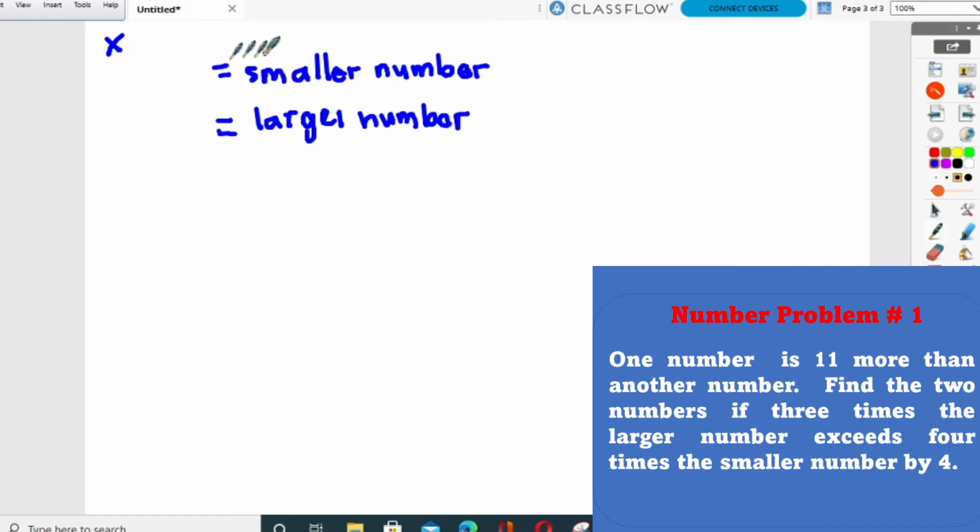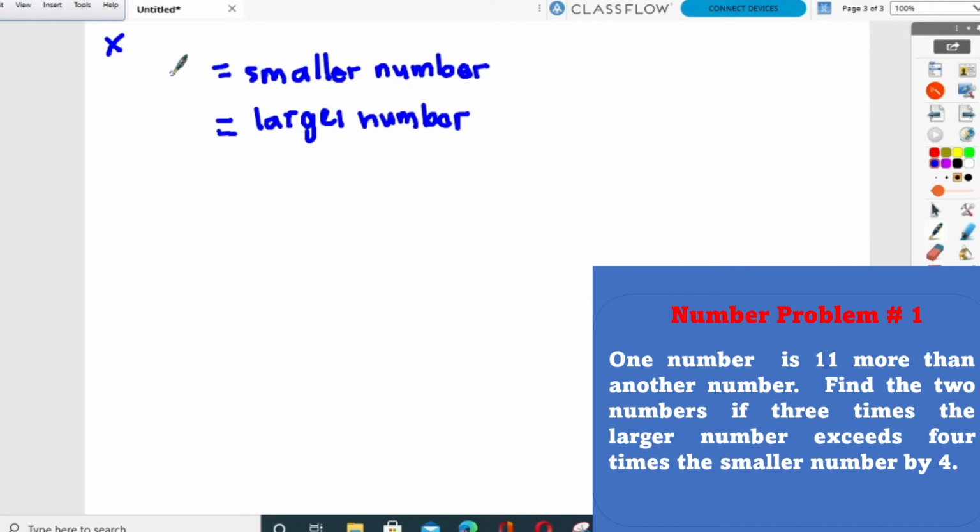Is it in the smaller number or the larger number? Because you cannot interchange. It depends on the condition, you should assign the variable correctly. Otherwise, you will arrive at the wrong answer.